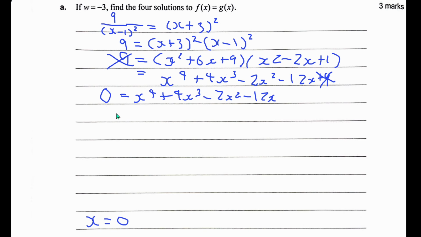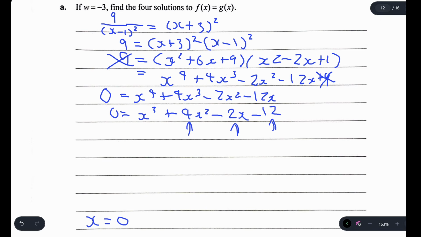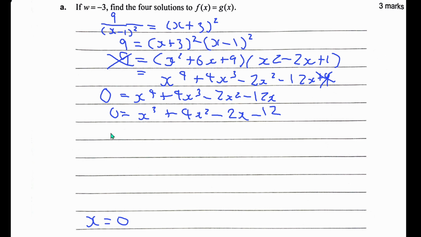So if I factor out that x, I get 0 equals x cubed plus 4x squared minus 2x minus 12. So yes, I know that it has to be something to do with the number 2. So I want to trial -2, also because this last part is negative.